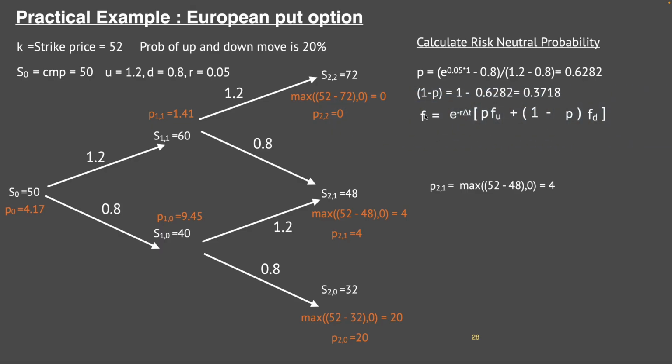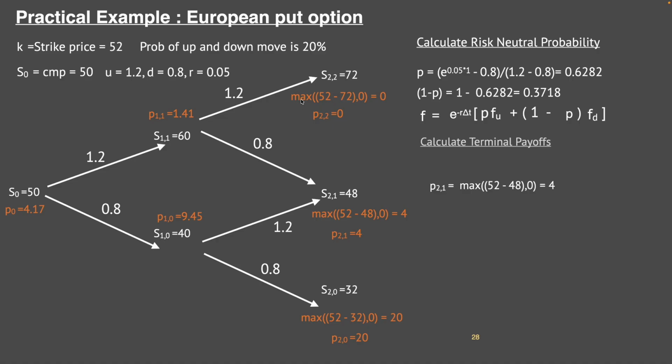Now the value of F, that is the value of the option, based on the formula e to the power of minus R into delta T into P into Fu plus 1 minus P into Fd, has to be calculated. But to calculate this, we need the value of Fu and the value of Fd. So we have to calculate the terminal payoffs here. What is the value of the terminal payoff of the option?